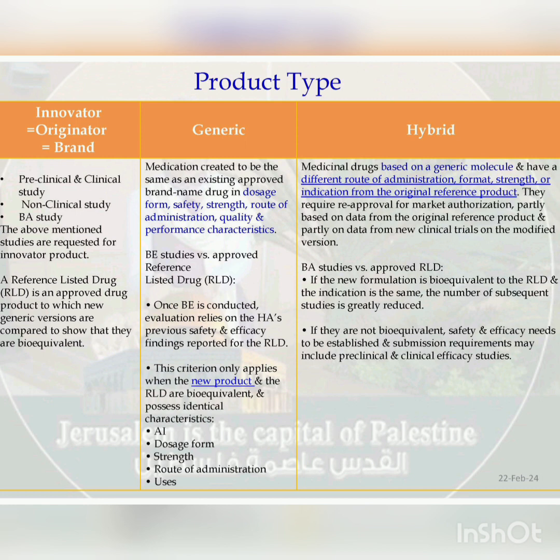The first scenario is if the new formulation is bioequivalent to the reference listed drug and the indication is the same, so the number of subsequent studies is greatly reduced. For the second scenario, if the hybrid molecule is not bioequivalent to the reference listed drug, safety and efficacy need to be established and submission requirements may include preclinical and clinical efficacy studies.